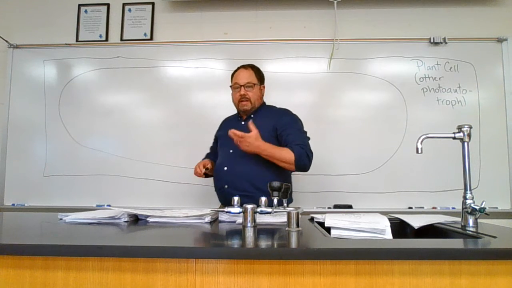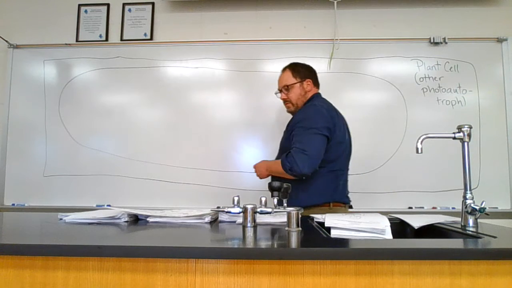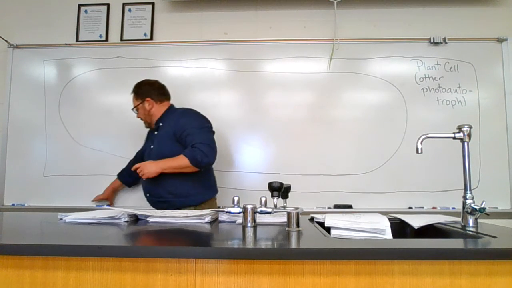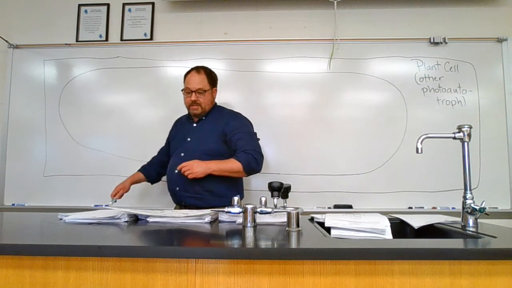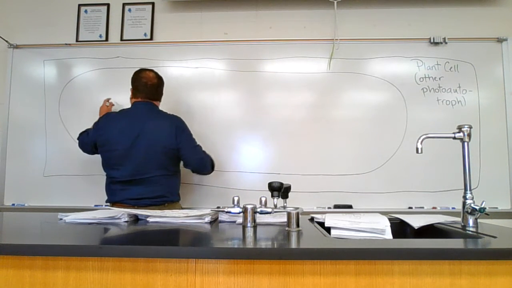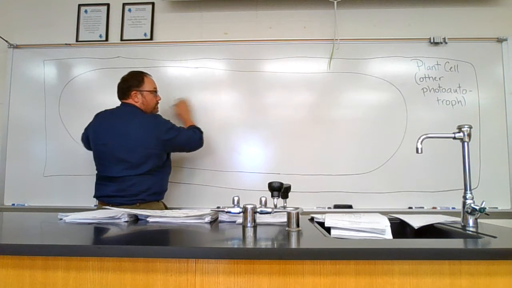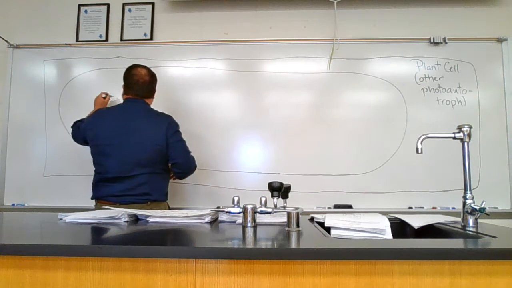All right. Now, what are we going to add to it? Well, I'm going to move with green here, and we're going to make a membrane. This is our thylakoid membrane. Again, the thylakoid is going to end up making up most of the space inside your chloroplast.